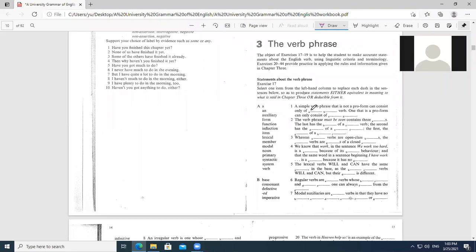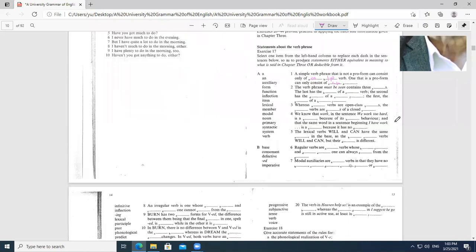A lexical verb. Yes, good. One that is a proof form can only consist of what? An auxiliary. Yes, an auxiliary. Then the verb phrase without the proof form would be a lexical verb, and with the proof form it is an auxiliary.